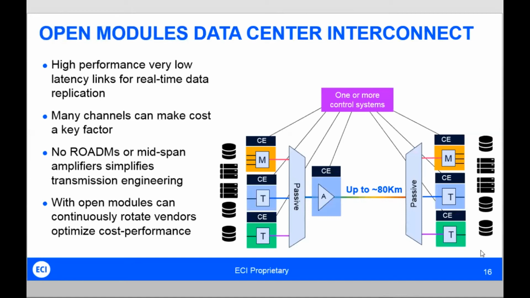So this is really a good place to start when you're looking at a higher level of disaggregation. There is a bit more that needs to be done, of course, on the network management and control side, but since it's a more constrained application, it should be fairly doable.